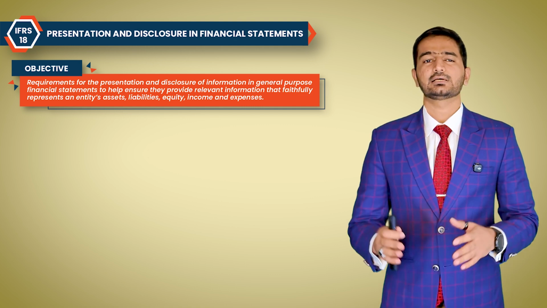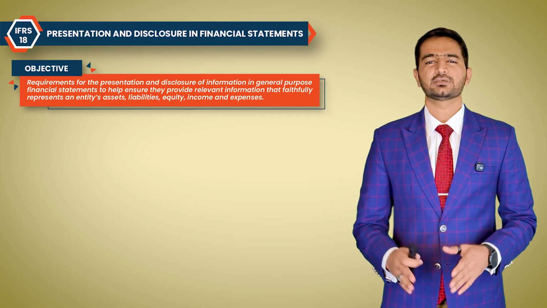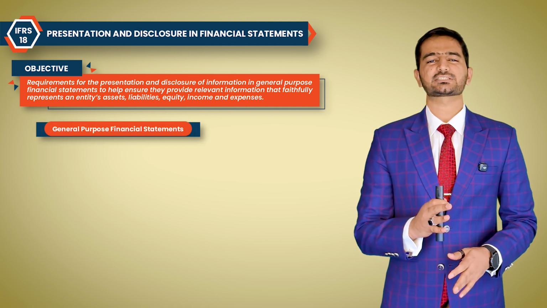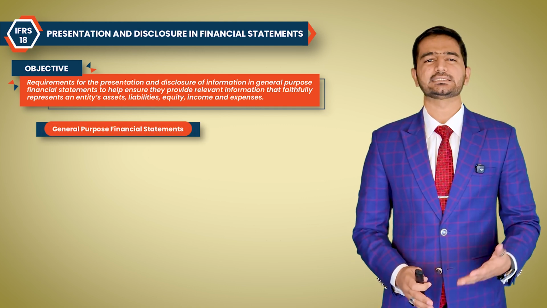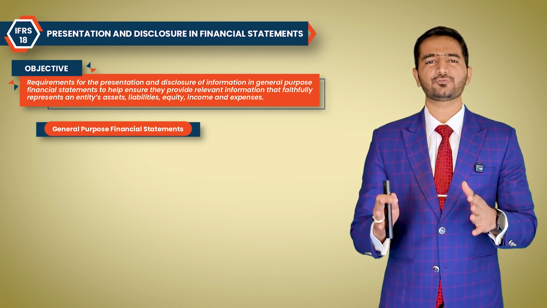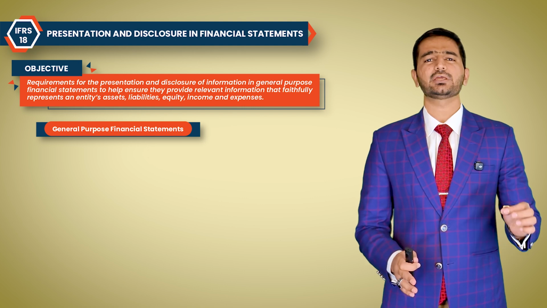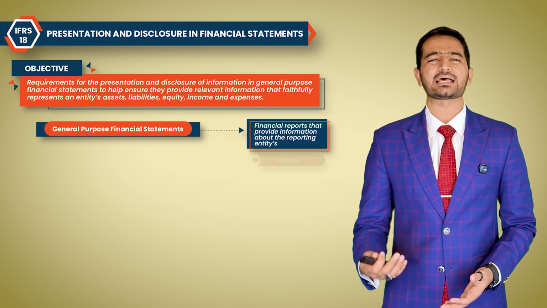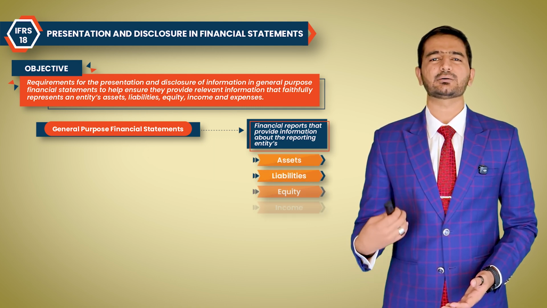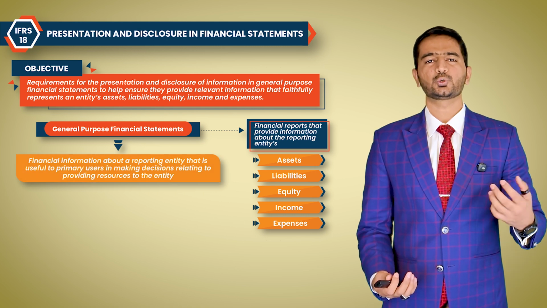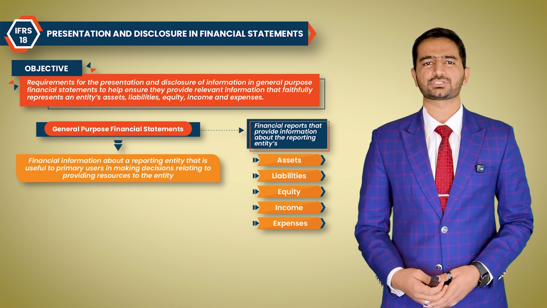Great. Let's pause here for a second because we just used a fancy term, general purpose financial statements. Now what are these? My friends, these are the standard full set financial statements prepared annually by the companies that present information about assets, liabilities, equity, income, and expenses and are intended for users who don't have access to internal information.